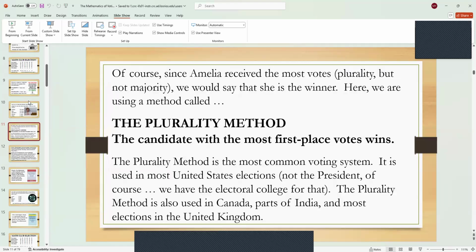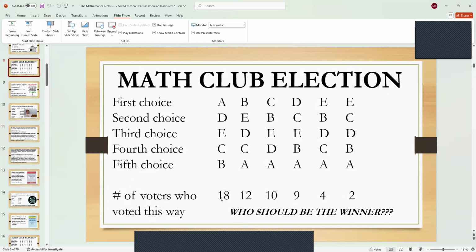But is that a good idea? I mean, those 18 people would think so, but what about the other 37 people? They would not like that idea at all. They would say, if 37 of us have Amelia ranked last, how is it possible she could win?